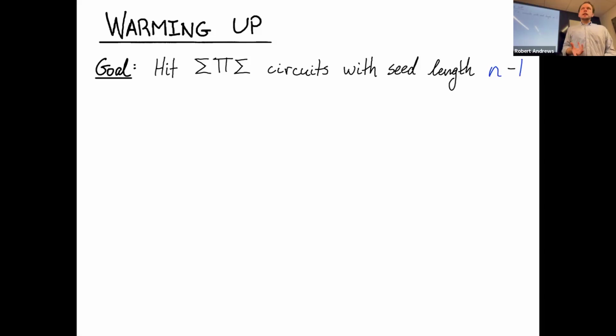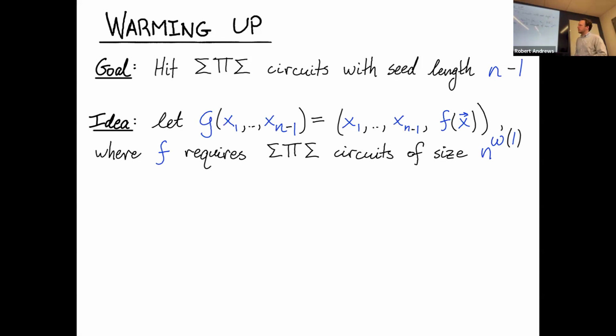Well, in the Boolean setting, what you would do is take, say, n-1 random bits, and concatenate the evaluation of a hard function on those bits. So let's do something like that. Here's an idea. Let's set our generator to take n-1 inputs.